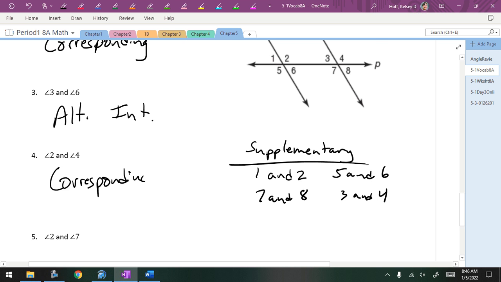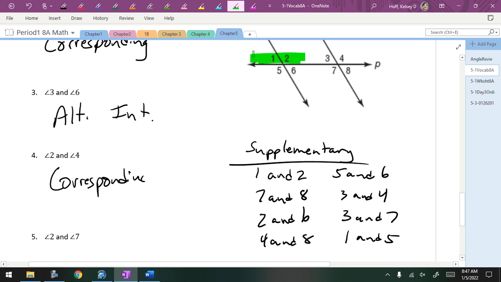What else? What other two angles could form a line? Bryce? Nope. Two and what? Very good. 2 and 6. 3 and 7. 4 and 8. 1 and 5. So yes, it works this way, but you can also make 180 this way. See that?